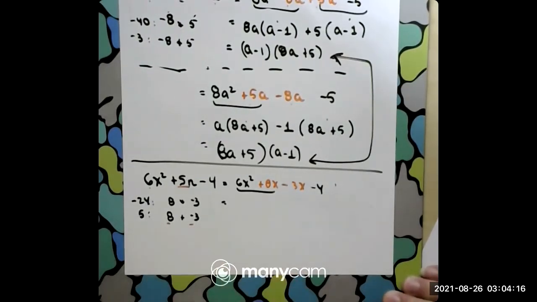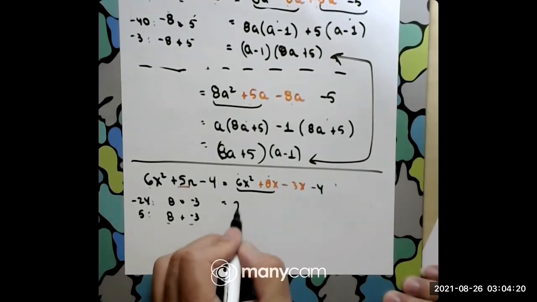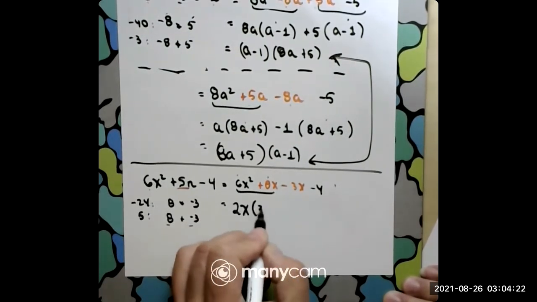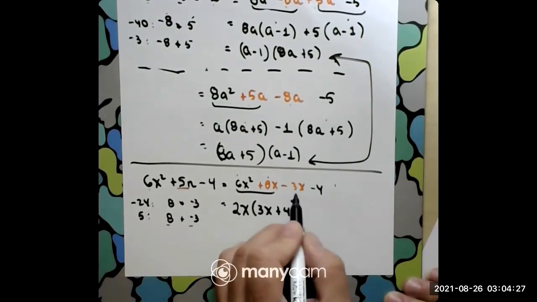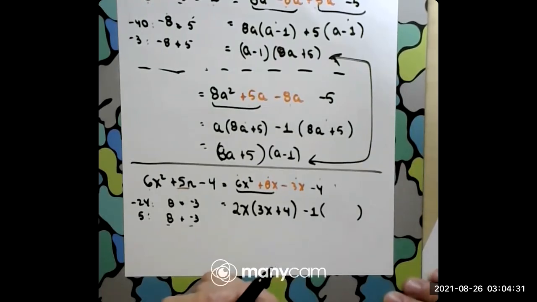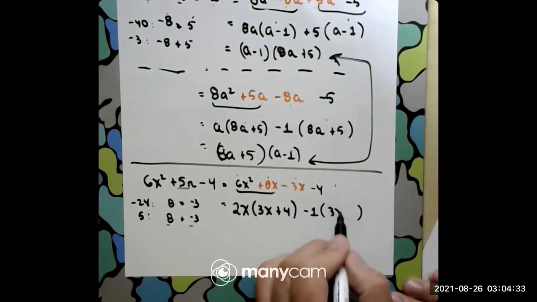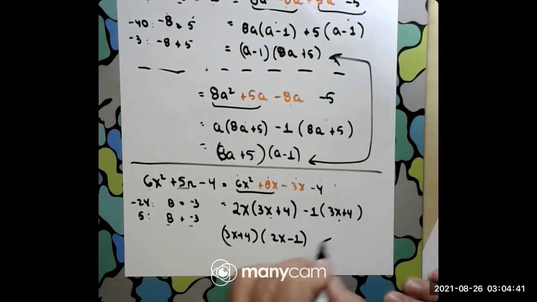What do I have here? 3 times 2, 4 times 2. So of course we can factor out 2x. That would be 3x plus 4, minus 3x minus 4. The only thing that we can factor is a minus 1. Change sign, so 3x plus 4, and voila, 3x plus 4 times 2x minus 1.